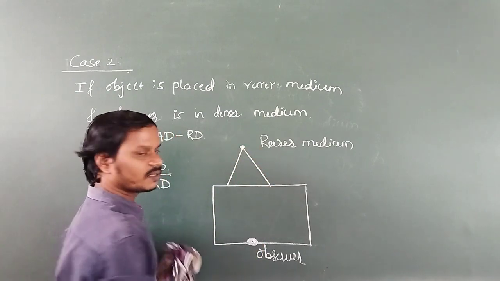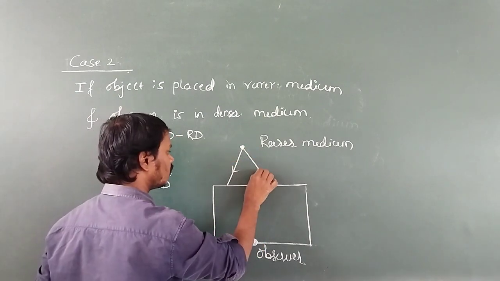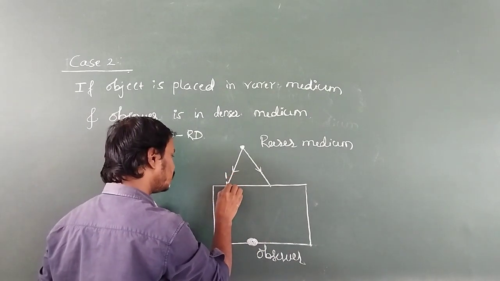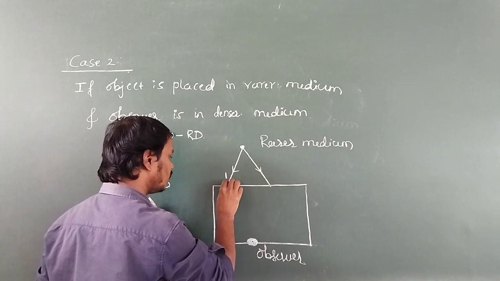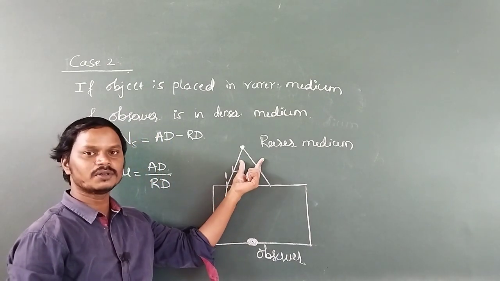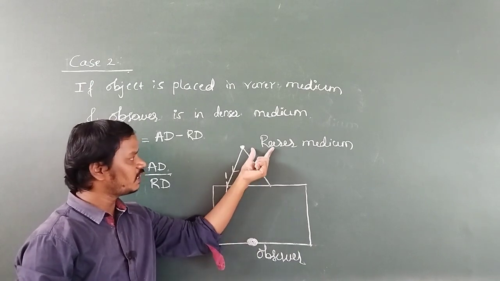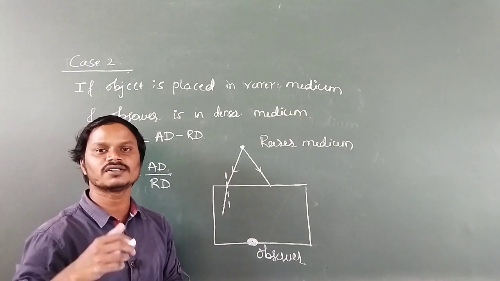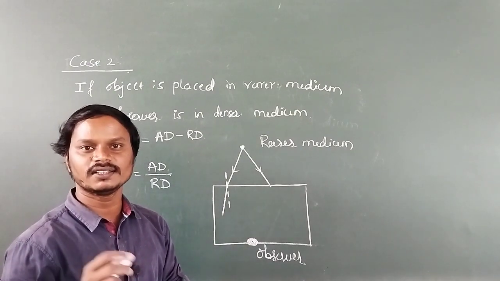These two are the light rays coming from the object. And these light rays are incident obliquely. At the point of incidence, I will draw the normal. Then the refracted ray bends towards the normal, because the light ray is traveling from rarer to denser. When the light ray travels from rarer to denser, the refracted ray bends towards the normal because of the decrease in speed of light in the denser medium.